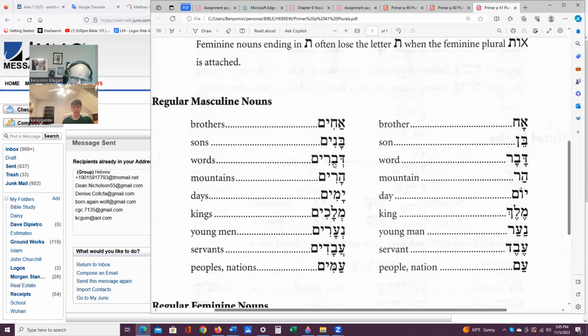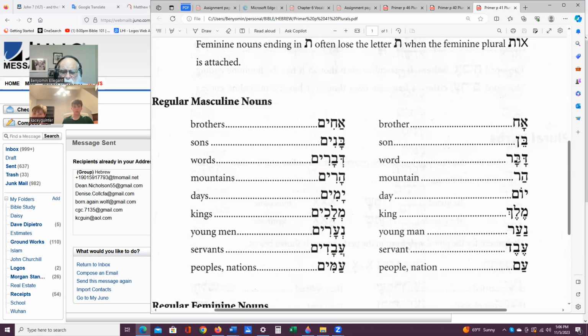I'm not going to be extremely strict because your goal is to be able to read Hebrew, not necessarily write it. But I will be giving you exercises to do writing Hebrew as well, because it'll help to familiarize you with all of this. So you've got ach, achim, with this vowel changing to that.